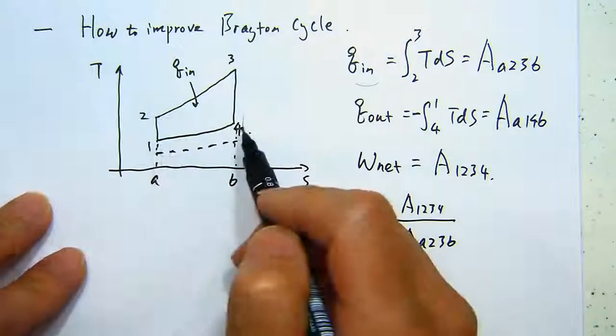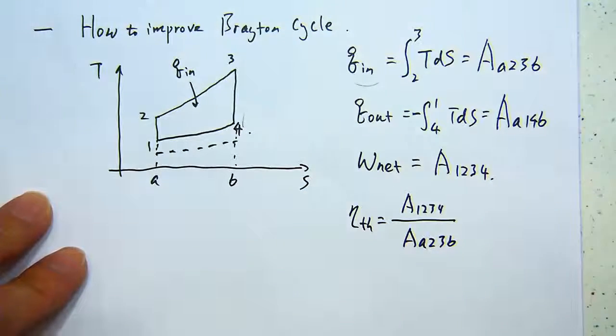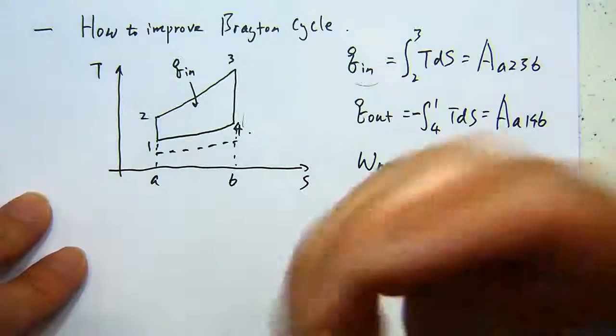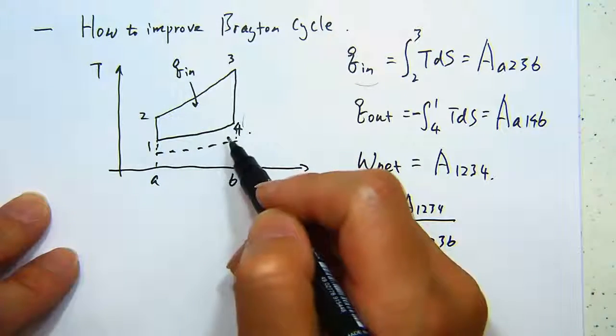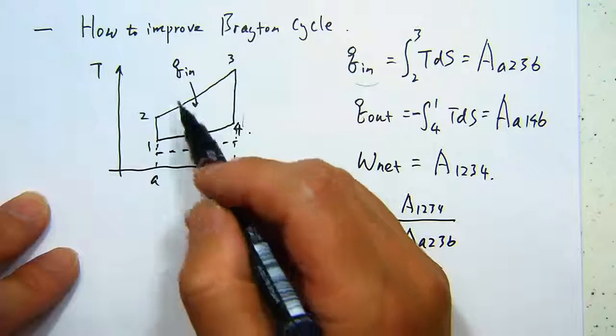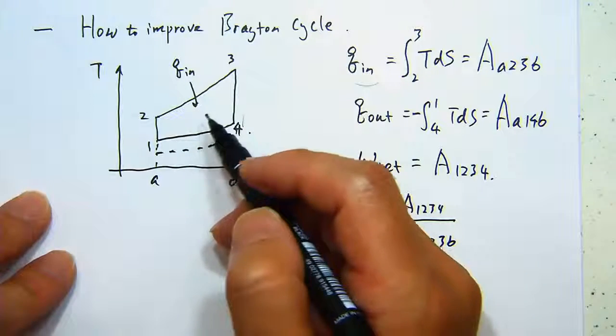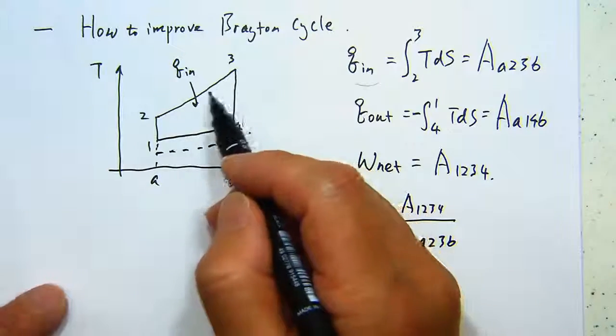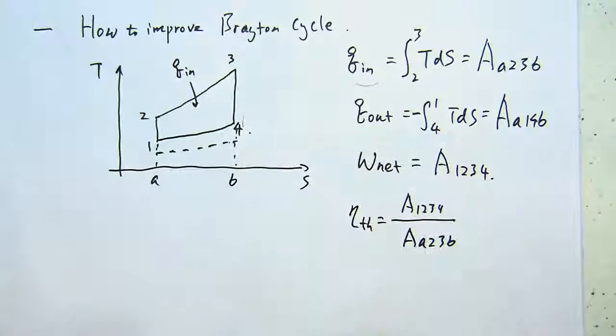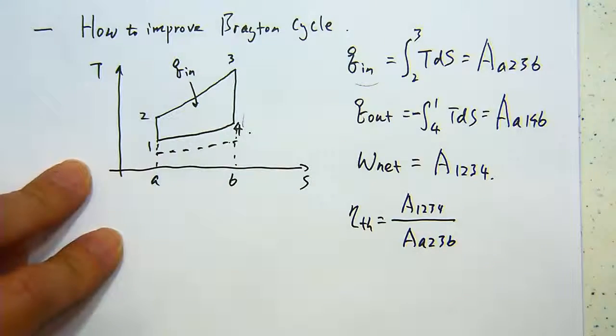So if 4 to 1 can be dropped lower, then the work area will be larger, but the total heat Q input will be no change, right? So we'll get higher efficiency because the work area accounts for a larger fraction of the total heat, total energy input.